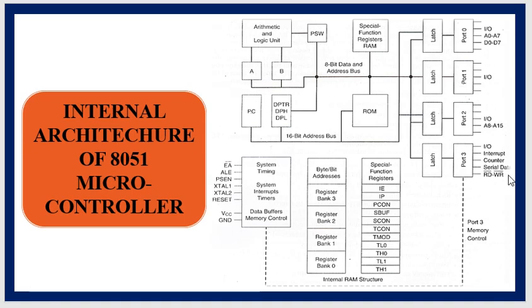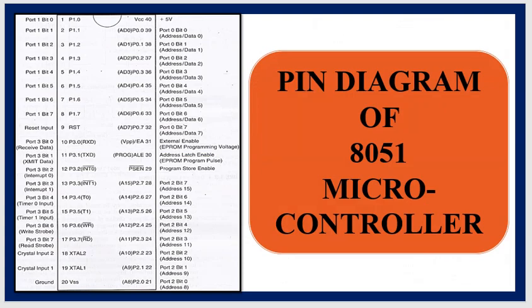Next we look at the pin diagram of the 8051 microcontroller. In this we have a total of 40 pins, where each pin performs the function specified for that particular pin.